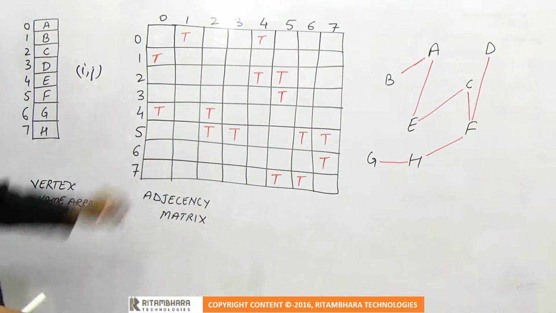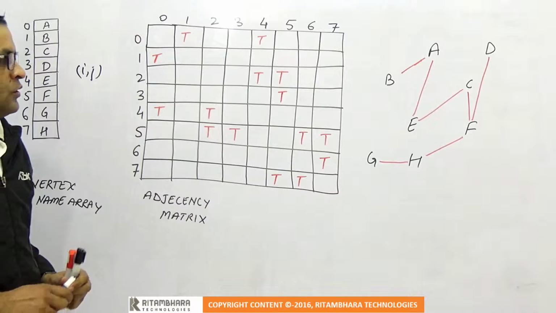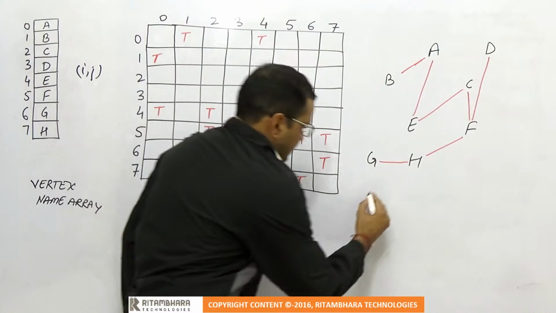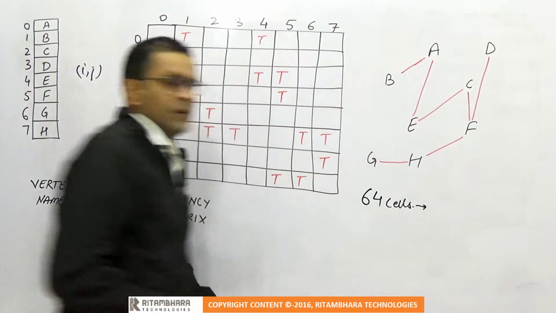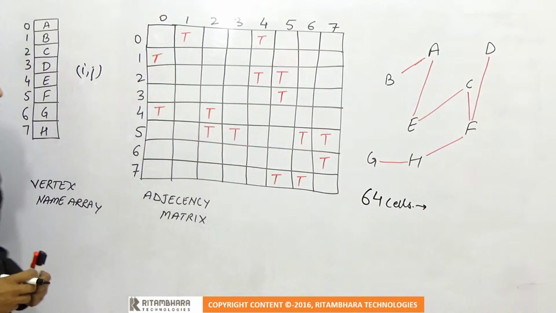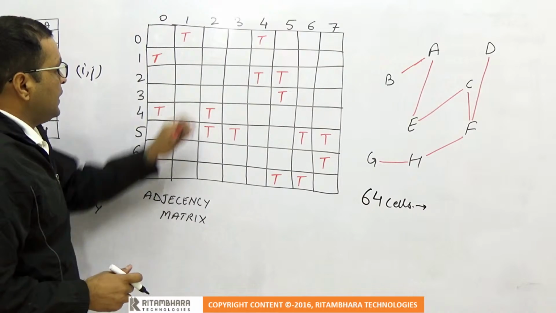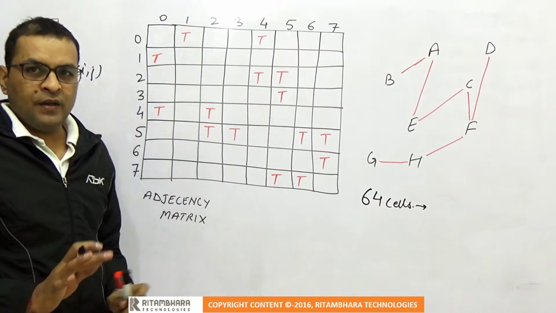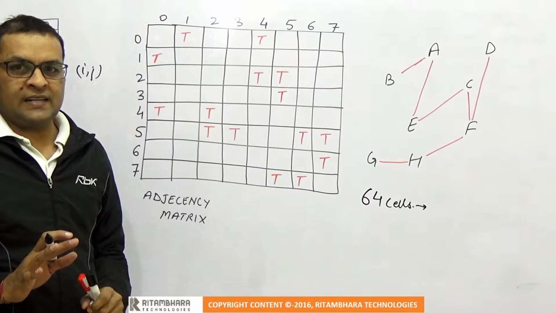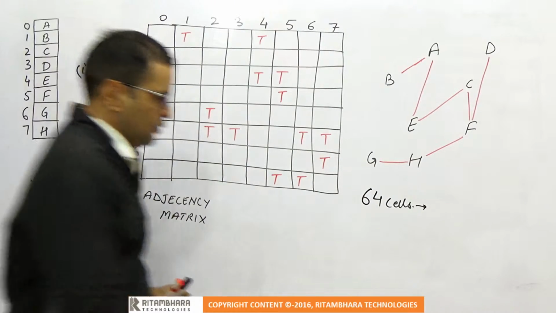If we look at this matrix carefully, this matrix has 64 cells. Out of these 64 cells, practically we are using 1, 2, 3, 4, 5, 6, 7, 8. We could do with only 8 cells if we are given the values of 8 cells.